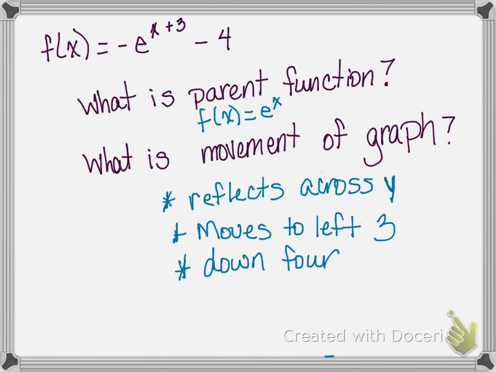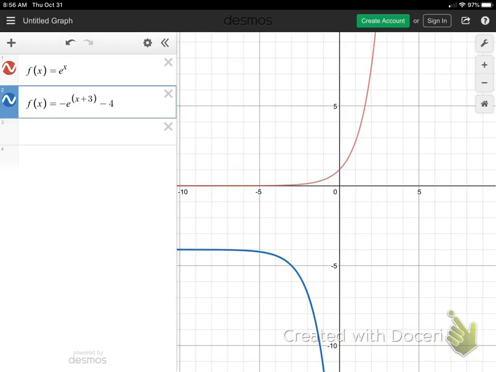So let's see if this is what happened. Can I go to the next screen? Okay. So, the red is my parent function. There's my parent function right there. That point is going to get reflected across the y-axis, or the x-axis. I'm sorry. Yes? You said that it reflected across the y, but it reflects across the x.